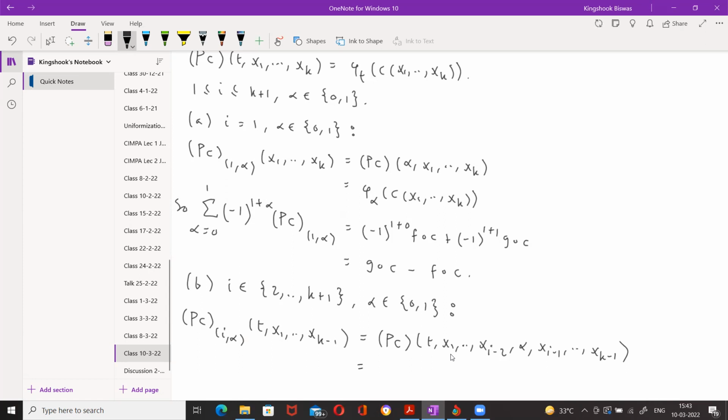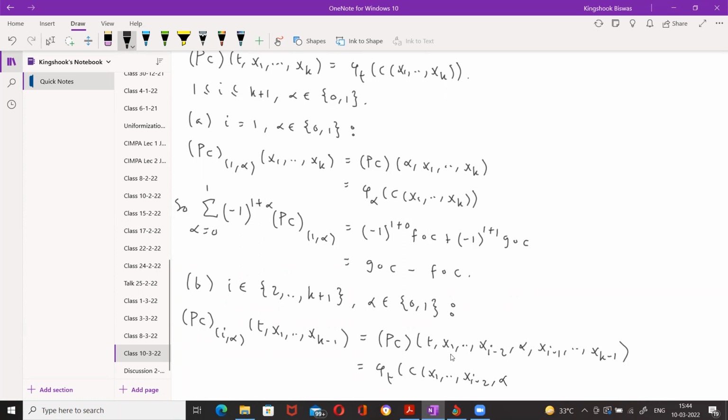So this will be phi t of c of x1 to x i minus 2, alpha, x i minus 1, up to x k minus 1. Yes? So what is this?